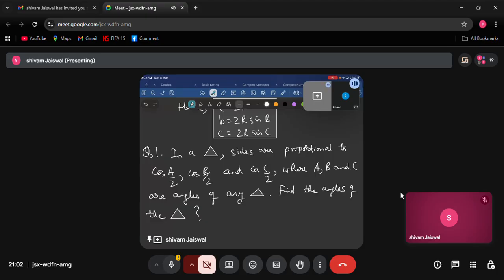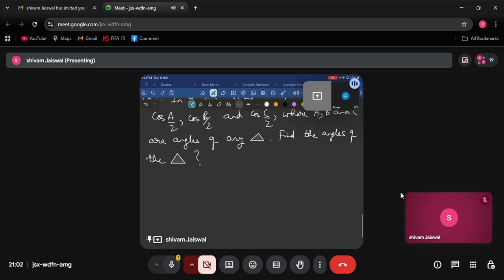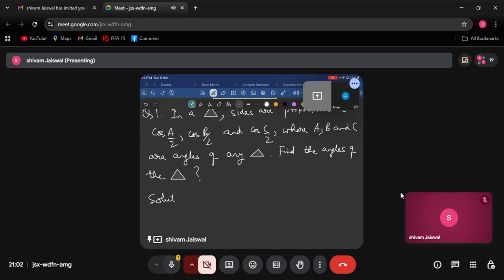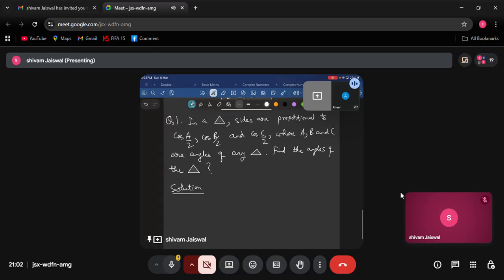So anyway, the angles will come in terms of A, B, and C. Since the sides are proportional to cos A by 2, cos B by 2, cos C by 2, can you see that cos A by 2 is equal to sine of pi by 2 minus A by 2?